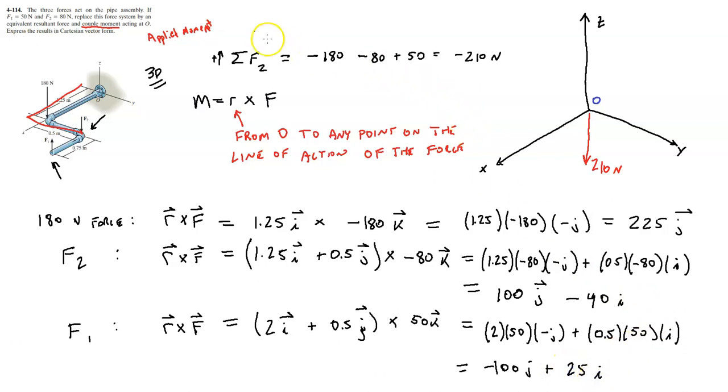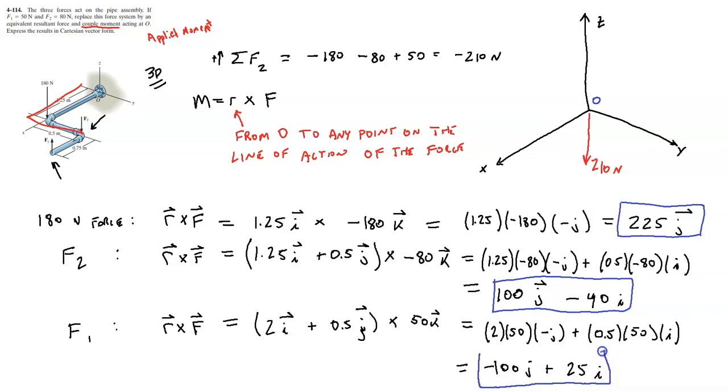All right. Now, I'm going to mark all of them, and we just have to add them all up. We got that one, we got that, and we got that. We add them all up. Pretty simple, right? Sum all the moments, right? So if we sum all those moments, what do we get?